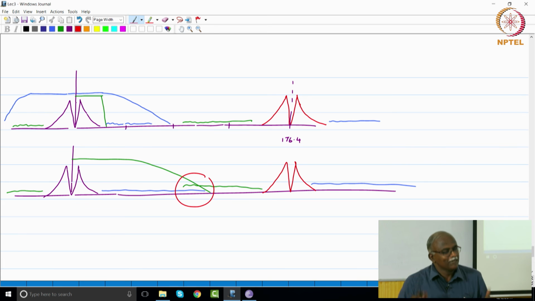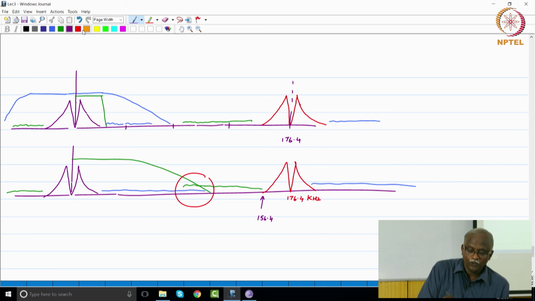Okay, now we get a little bit ambitious. How far can I go? How easy can I make it for my analog filter? Can I make it all the way to 132.3? How far can I go? It turns out that if this is 176.4 kilohertz, this edge will be 20 kilohertz away, 156.4.